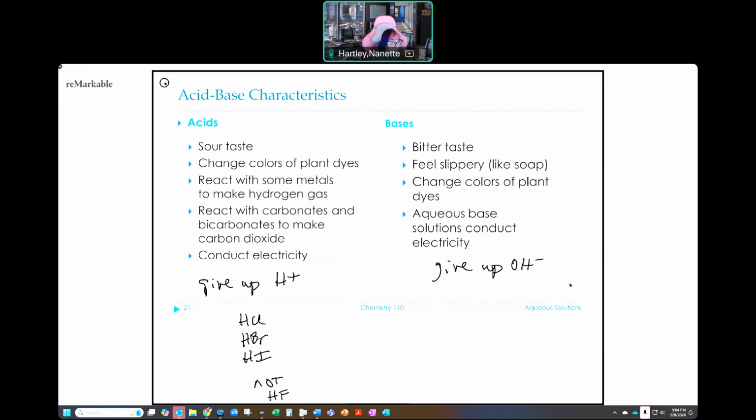Aqueous-based solutions tend to conduct electricity, so again, not very helpful for identifying them, but they are also good conductors, and that's because both acids and bases can ionize, so they are capable of conducting electricity. So they're good electrolytes and therefore can conduct electricity. Okay.